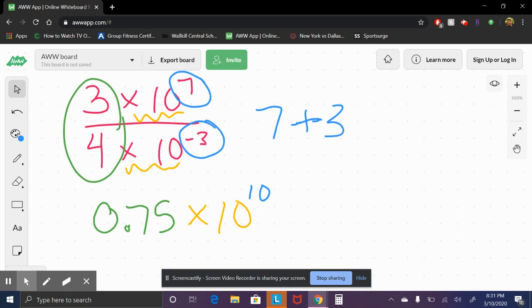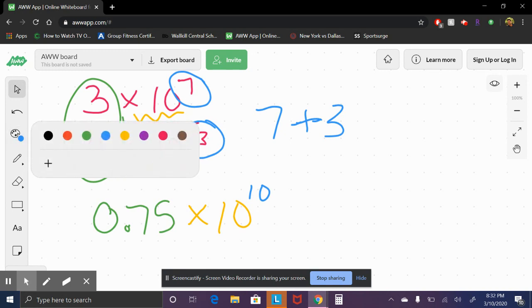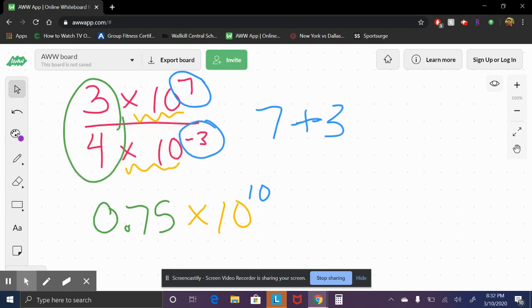But if you notice, this is not in scientific notation because the decimal is not after the first non-zero digit. So in order to put it in scientific notation, we have to move the decimal and balance out the exponent. I have to move this decimal to here in order to put it after the first non-zero digit. By doing that, I'm making this number smaller.